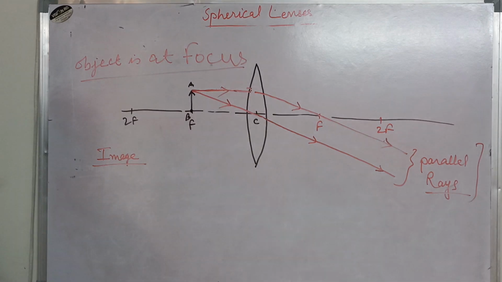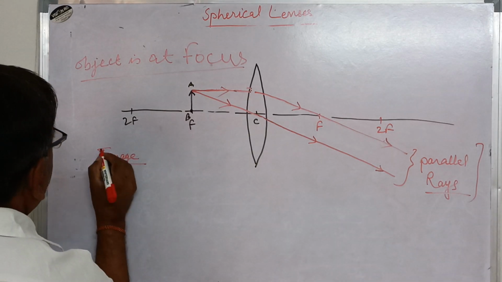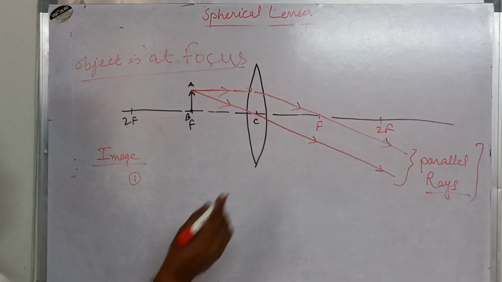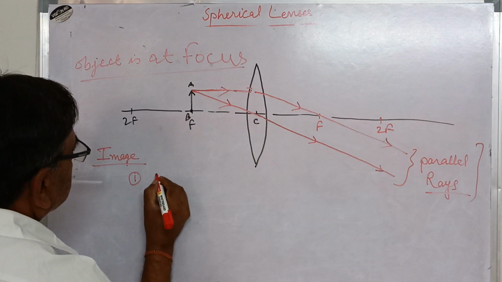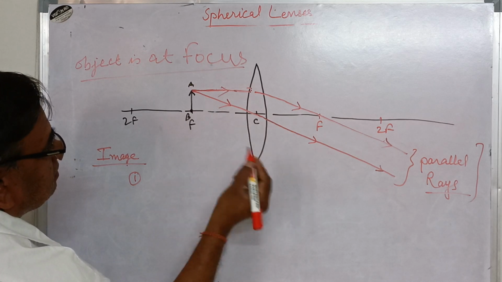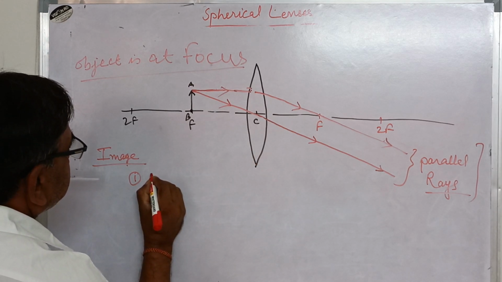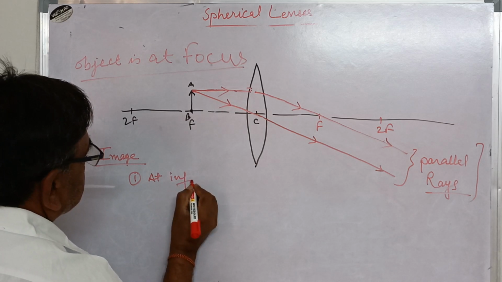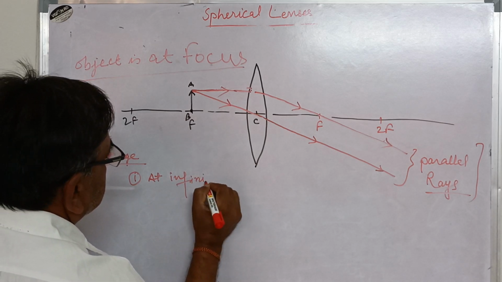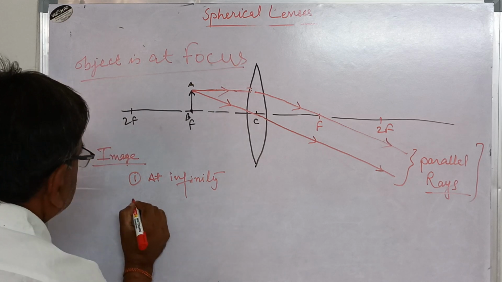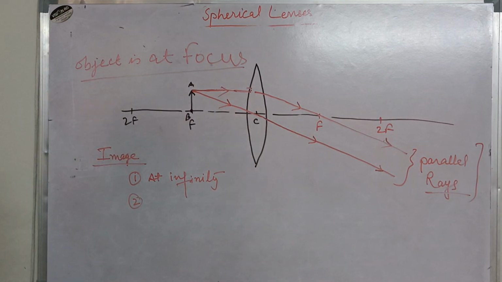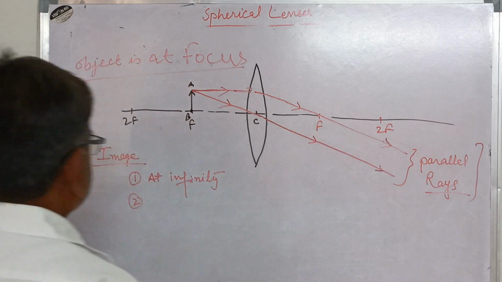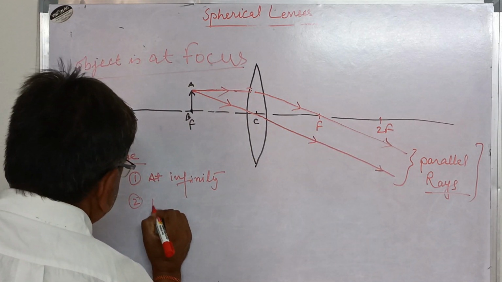Then we describe the image. Number 1, location of image. Image is at infinity, अनंत पे बनेगा. Number 2, the real rays are going in this side, so image will be real.